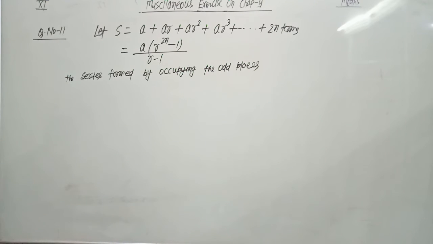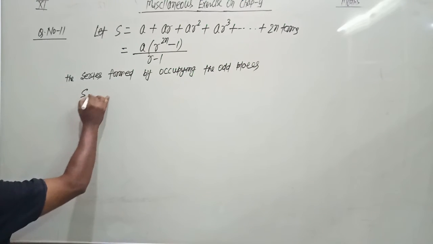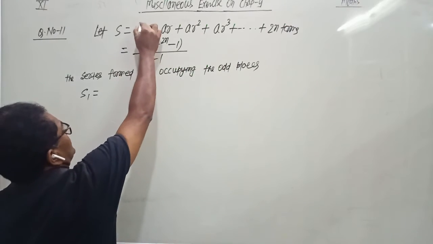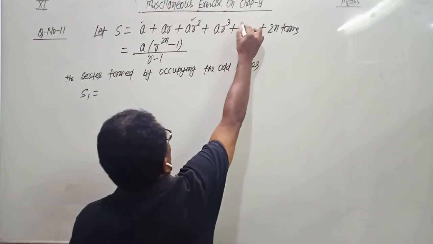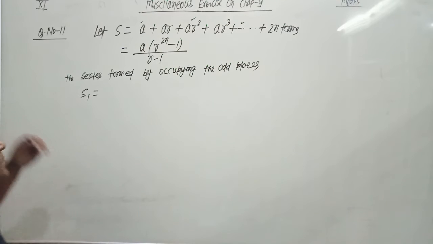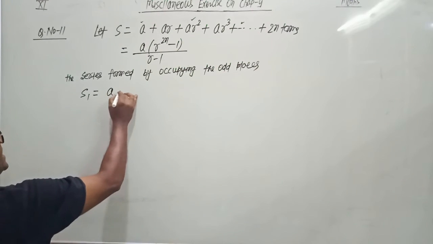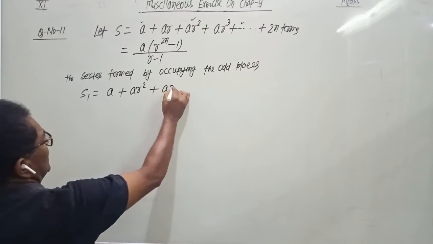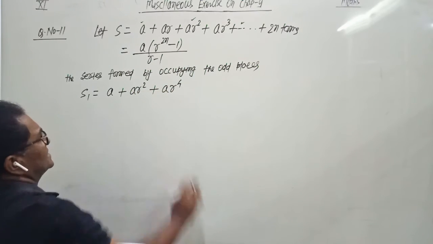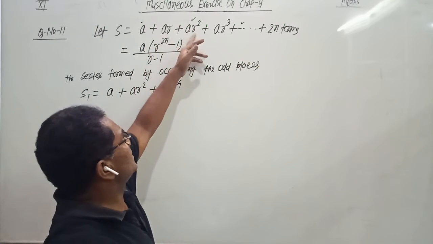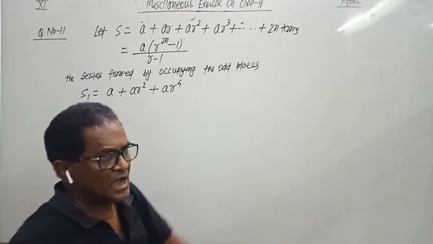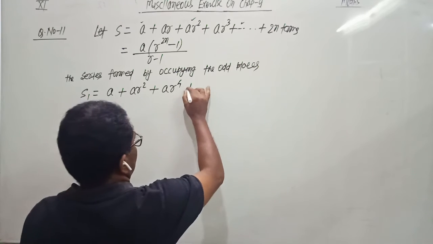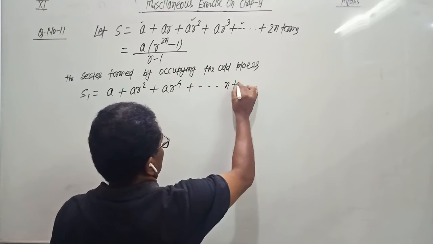Suppose S1 is the series formed by occupying the odd places. Odd places means first place, third place, fifth place. That means a plus ar square plus ar to the power 4, all odd places, and so on up to n terms.